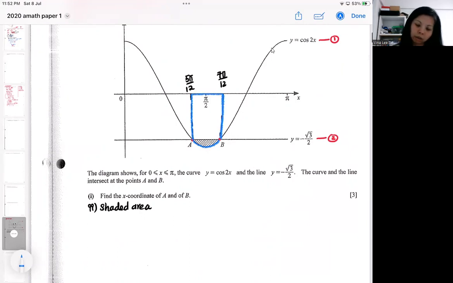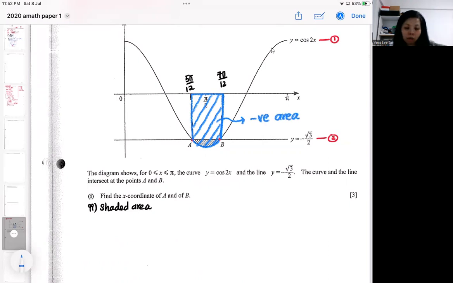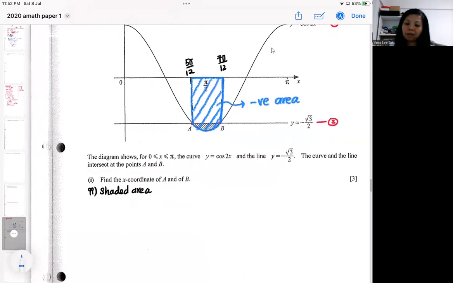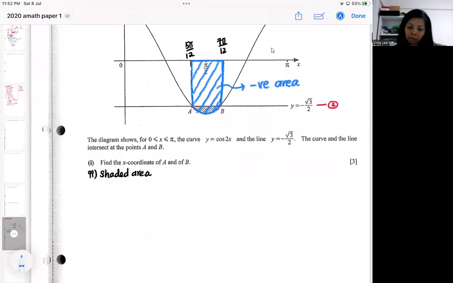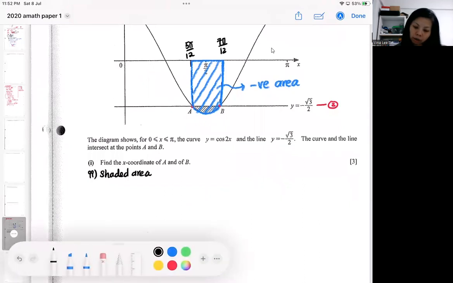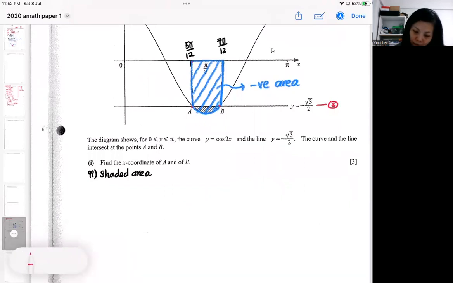This one is sticking on the x-axis, but it's below the x-axis. So if you calculate this area, you will expect it to be a negative area. Then later on, subsequently, I'm going to find the rectangle here.